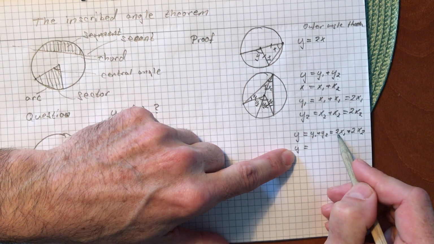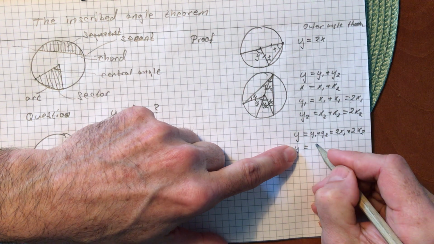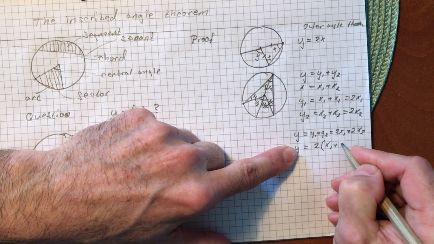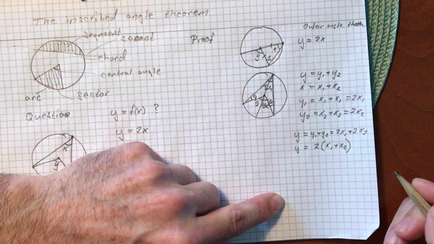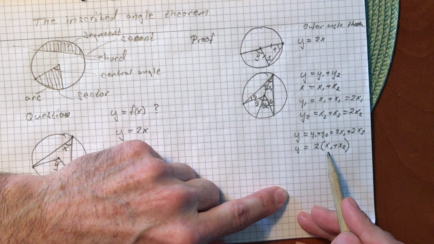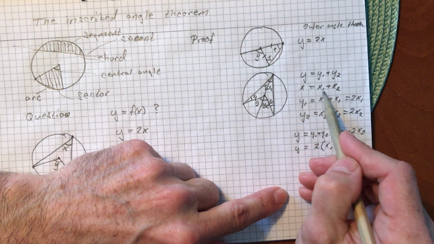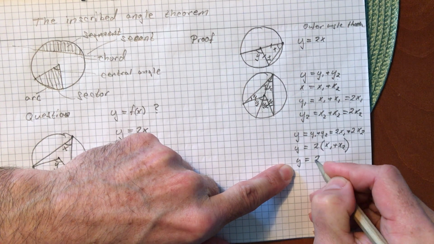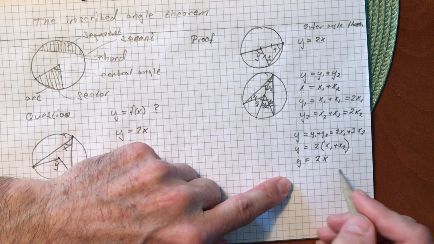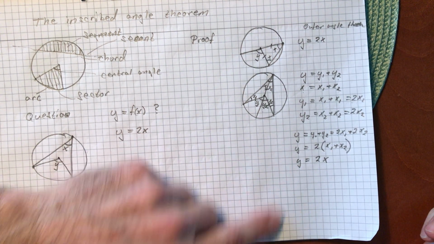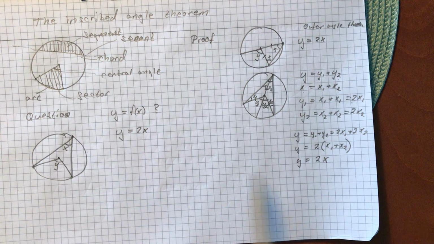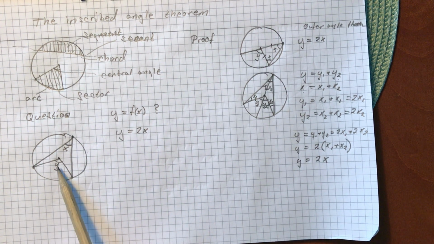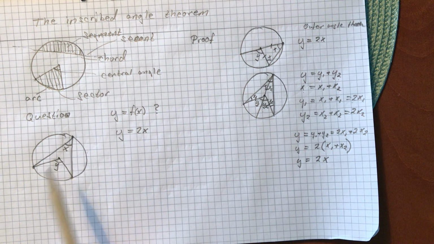Now I can factorize this. I have 2 in 2 terms, so that is the same as 2 brackets x1 plus x2, end of brackets. x1 plus x2 is the same as x. So y is equal to 2 times x. So, isn't it beautiful? The function is y equals 2x. So, this angle is double this angle.